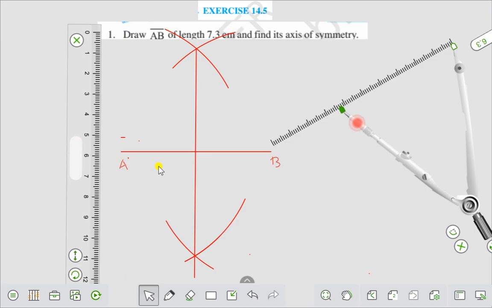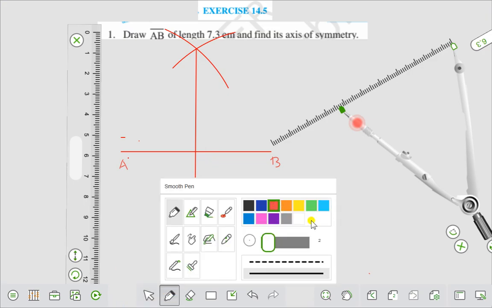Right? That is, it cuts the line segment AB at point P, right?